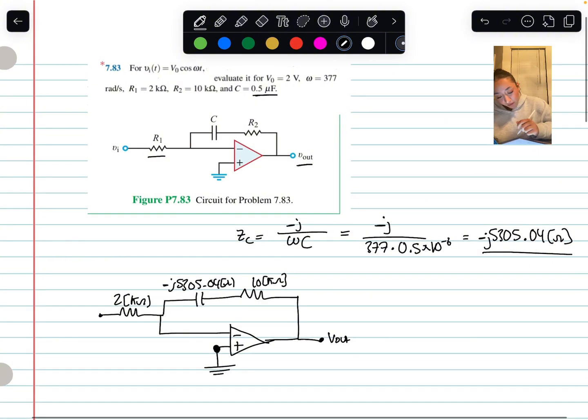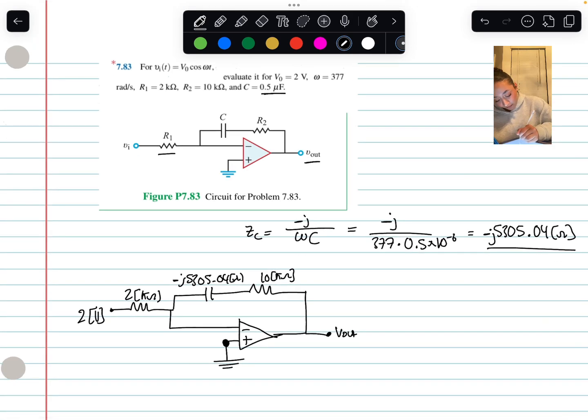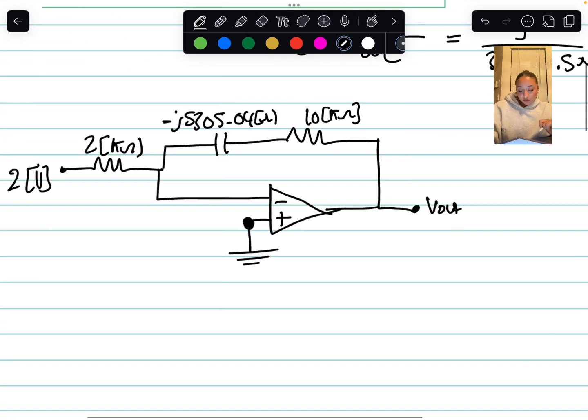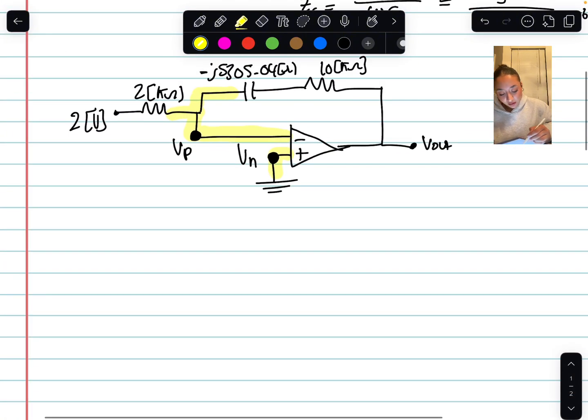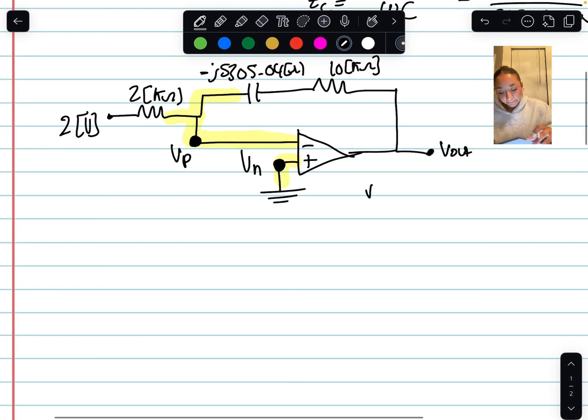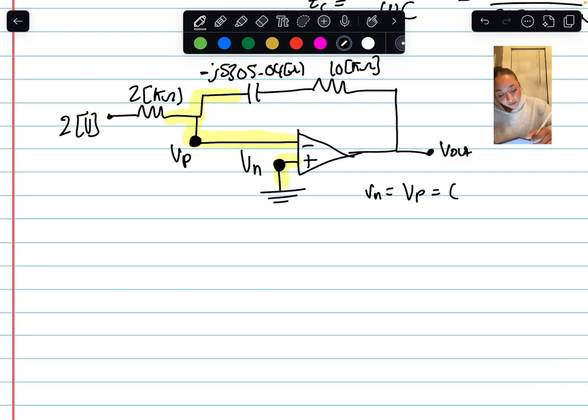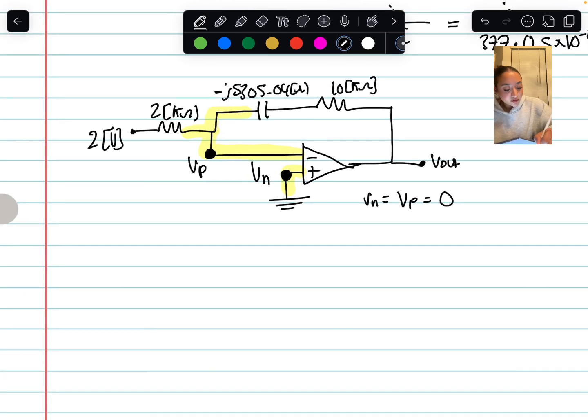And V0 is going to be 2 volts. We already said that this node's voltage is 0, and this node is the same as this node, which is Vp, so they both equal 0 since it's all the same node. So Vn equals Vp equals 0.